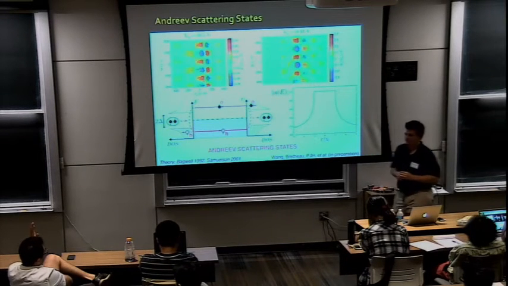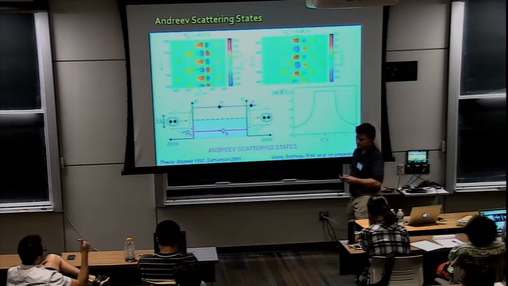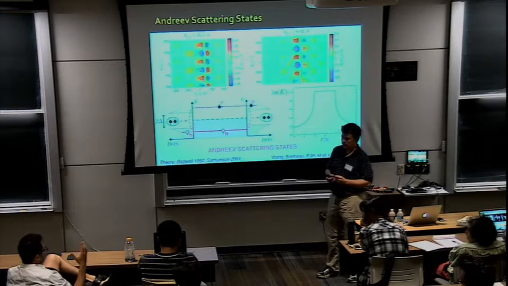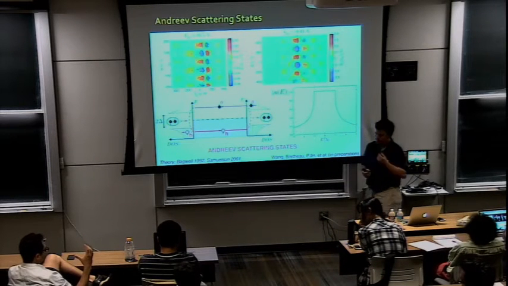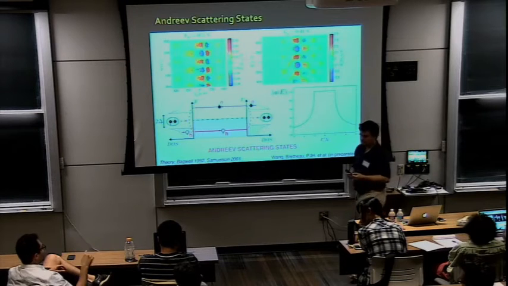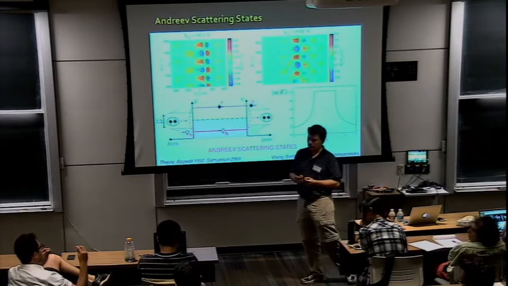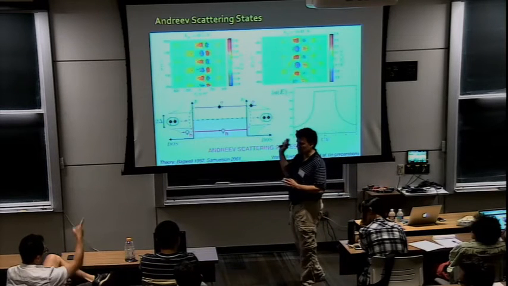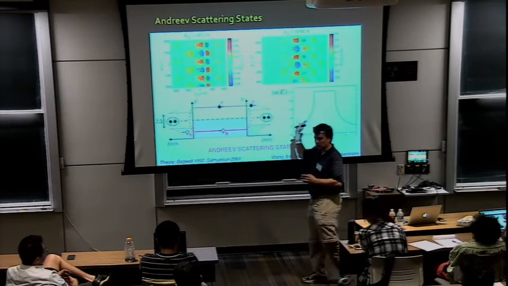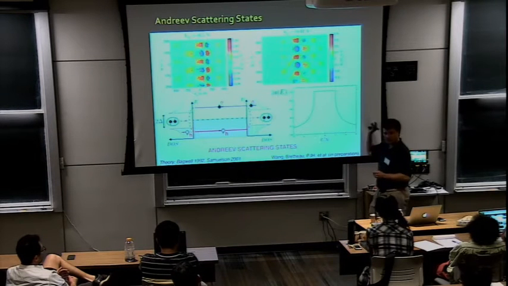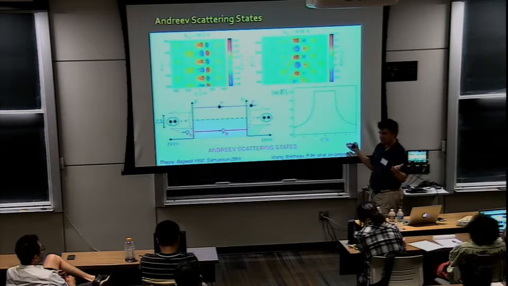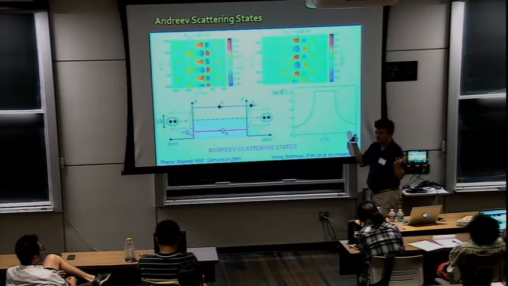When your junction is normal, you can also have a Fabry-Perot going through your junction, but you apply a magnetic field and nothing happens, because there's no modulation of the phase difference since you're in the normal state, right?